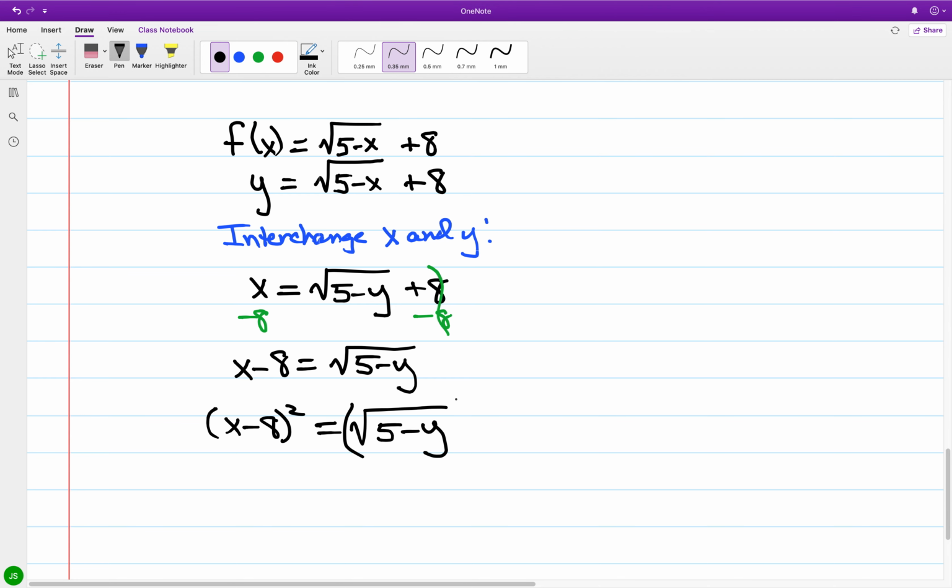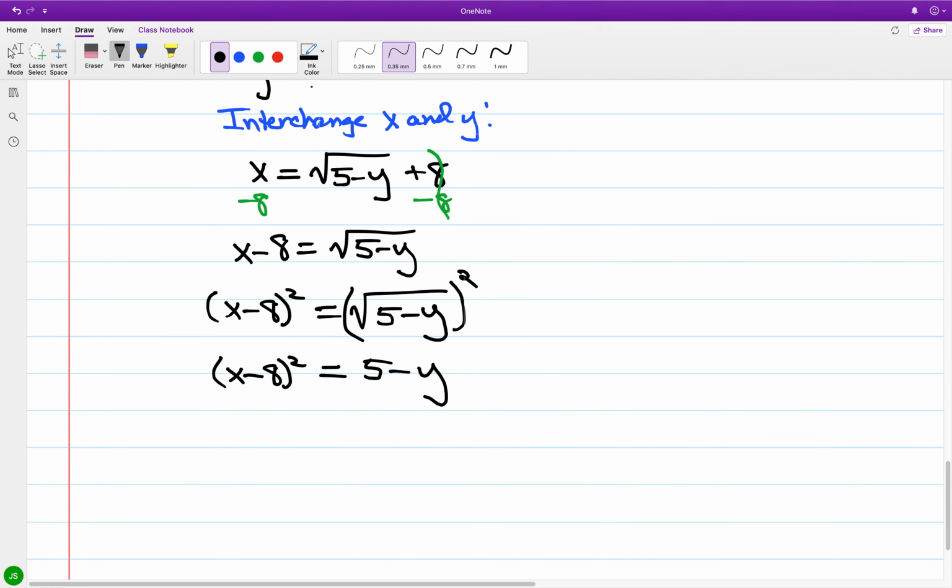Upon squaring, we have the square of x minus 8 is equal to 5 minus y. And getting the y term, which we have at the moment to be negative y, I'm going to take 5 away from both sides. And right now I have the square of x minus 8 minus 5 is equal to negative y.